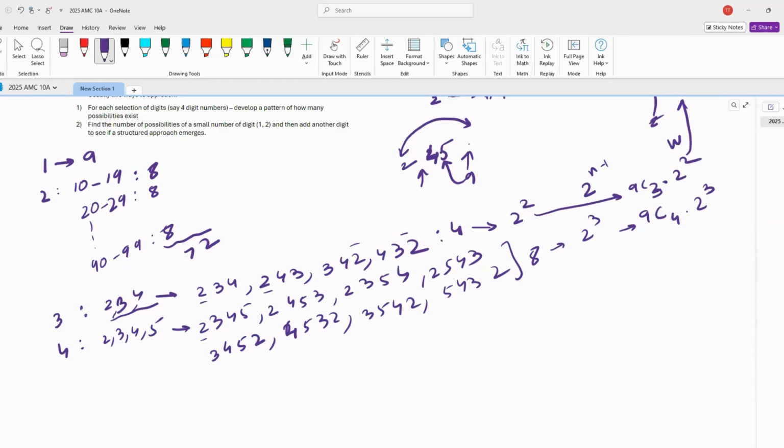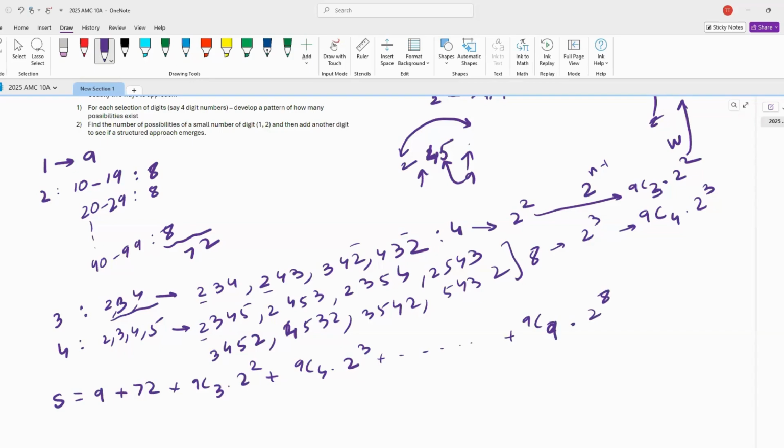right? So if I now try to build my sum, that is 9 plus 72 plus 9 choose 3 times 2 squared plus 9 choose 4 times 2 cubed plus dot dot dot, it's going to go to 9 choose 9 times 2 to the 8, right?